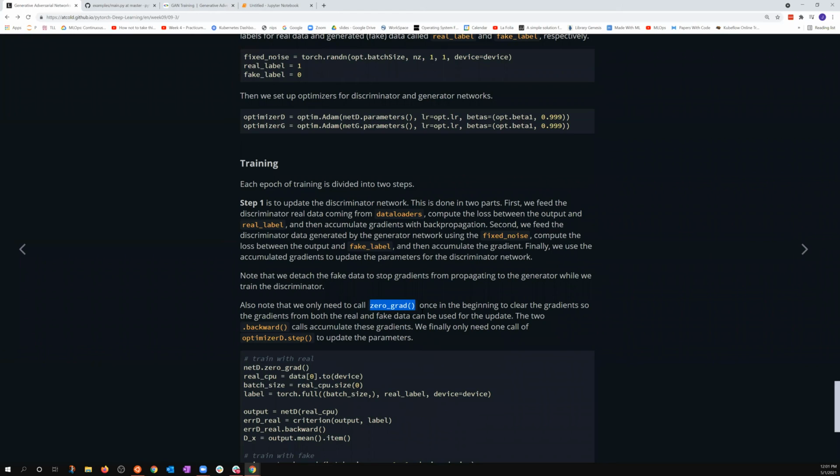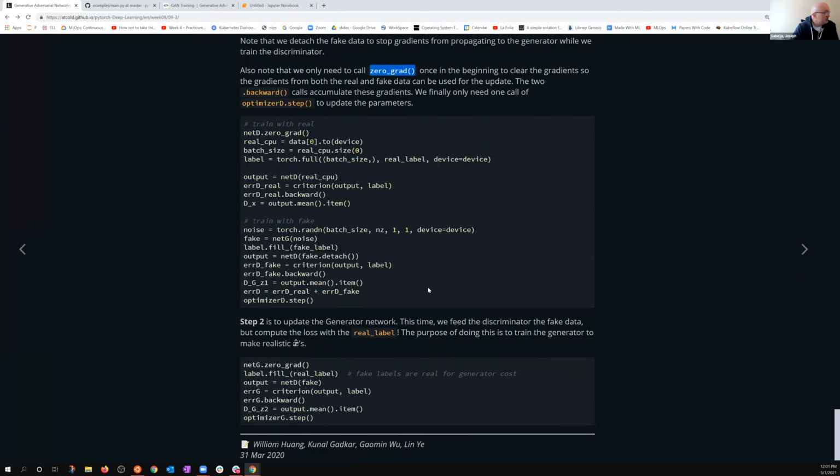But here he just says that we want to accumulate gradients corresponding to fake labels and real labels, and then do one step having both those gradient components, we can say, right? Okay, that makes sense.